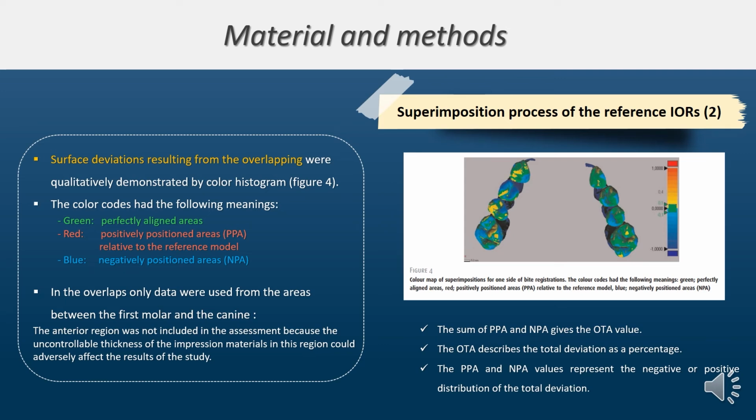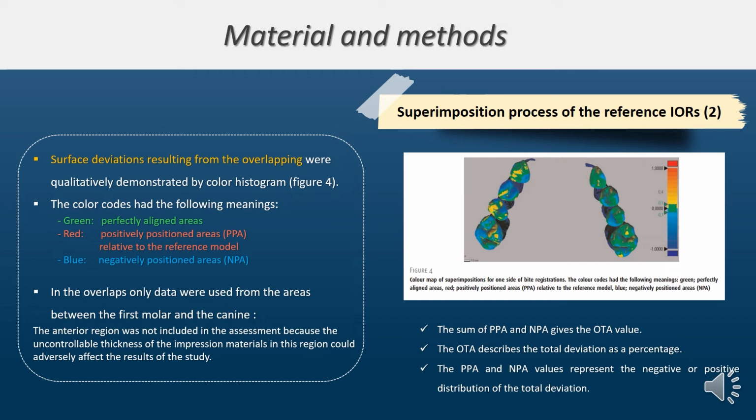As we can see in the figure, only contact regions from the first molar to canine were selected bilaterally for evaluation. The reason is to avoid the result being adversely affected by the uncontrollable thickness of the impression materials in the anterior region. Moreover, Geometric Control X automatically converts surface deviations into quantitative data.